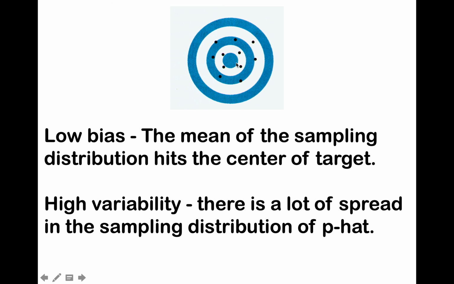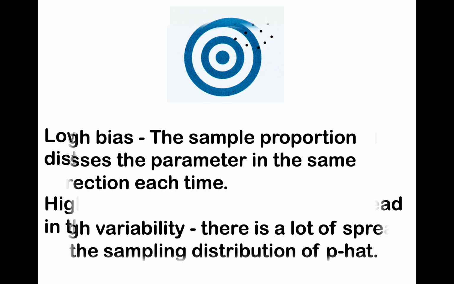Another reason you can't always take a huge sample is maybe you want to check the effectiveness of a new medication, but the medication is super expensive. You might not be able to take a really large sample because you don't have the money to do that with this medication. So, other things to think about.